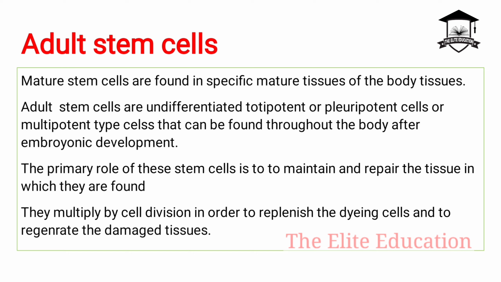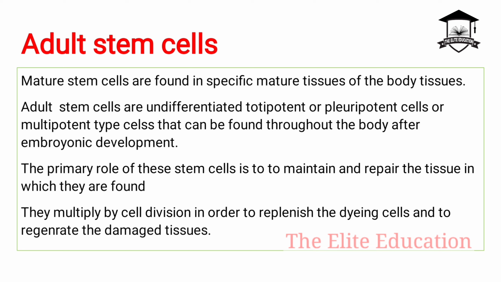After a few days, the tissue gets degenerated, and there is a need for some new cells to come and to replace this, right? So at such stages, these adult stem cells differentiate and give rise to the new kind of tissues which are required.